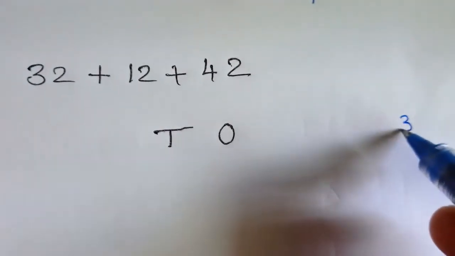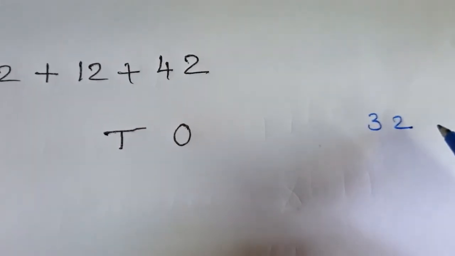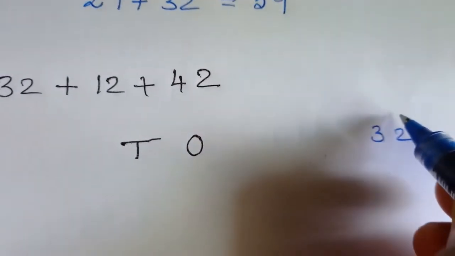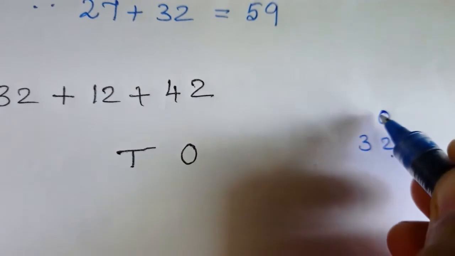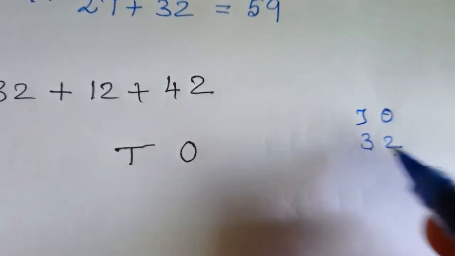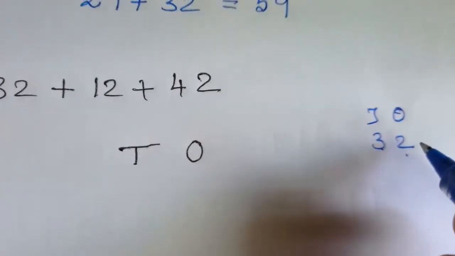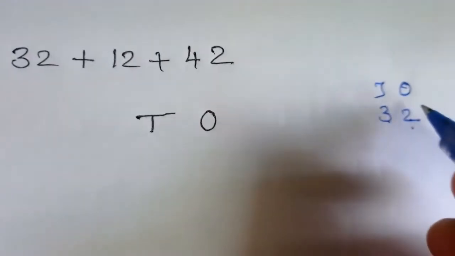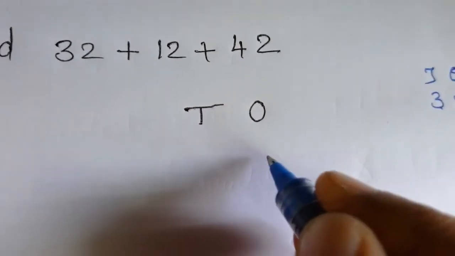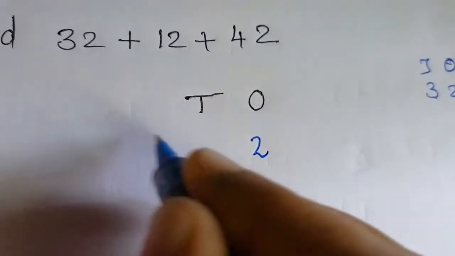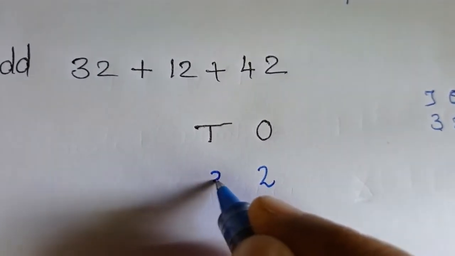In 32, the ones value is 2 and the tens value is 3. So write 2 in the ones place and 3 in the tens place.